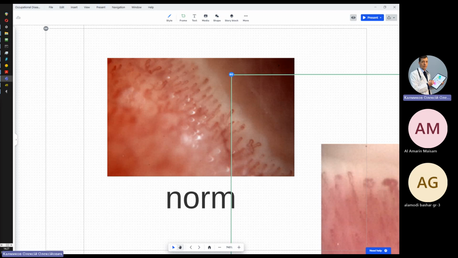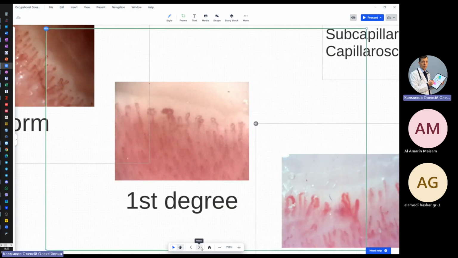Then, in case of first degree of vibration disease, the condition of capillaries becomes, as you can see, more inclined to this spastic condition. They are spastic and dilated. There are both spastic capillaries here, branches, and dilated.